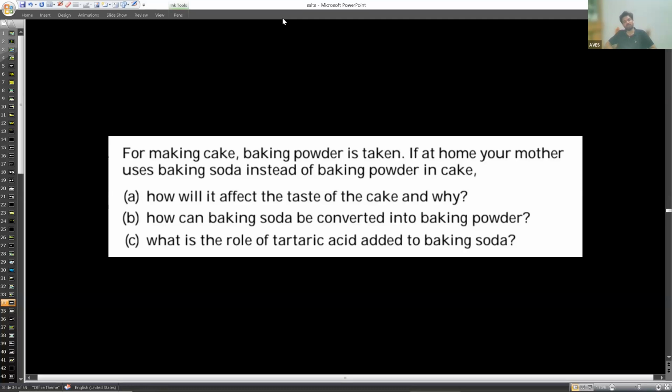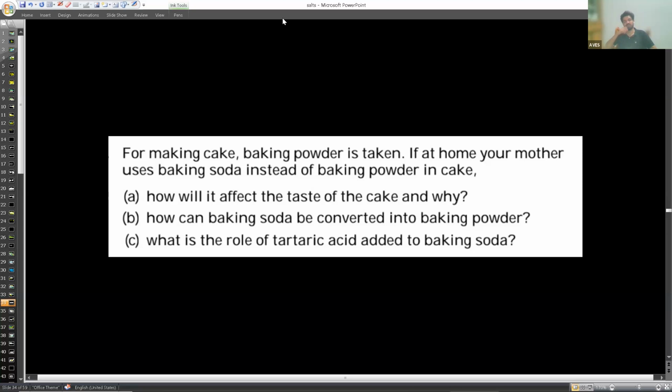And how can baking soda be converted into baking powder? We can mix the baking soda with tartaric acid. And what is the role of tartaric acid in baking soda?